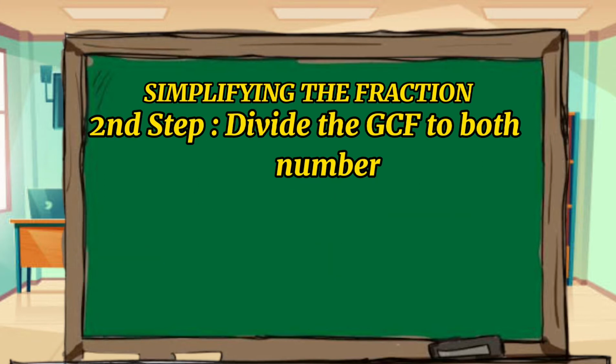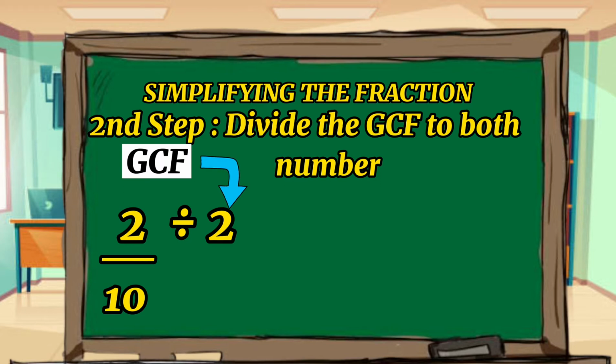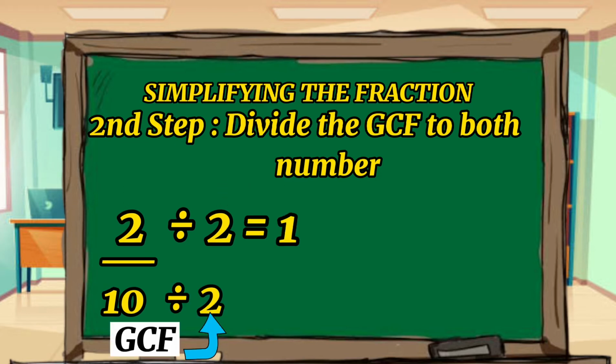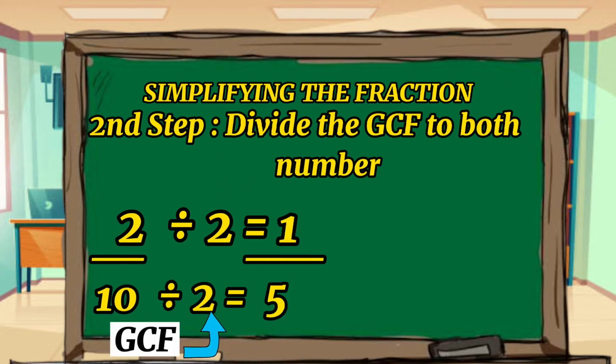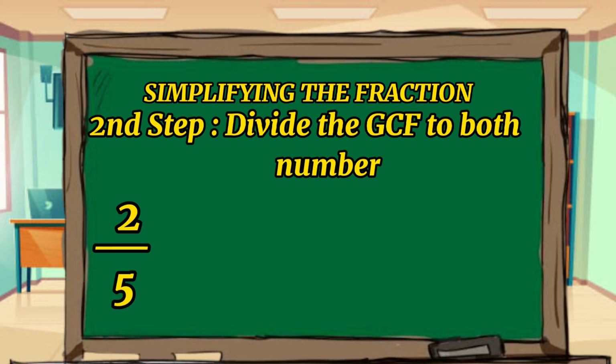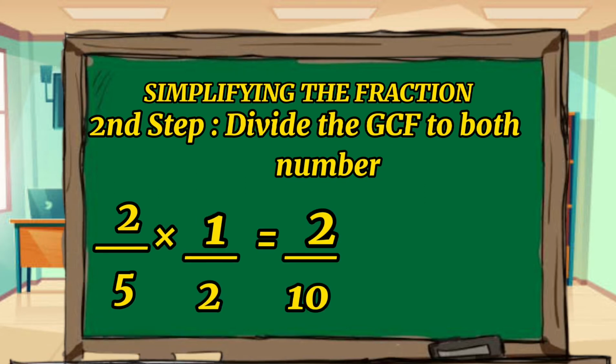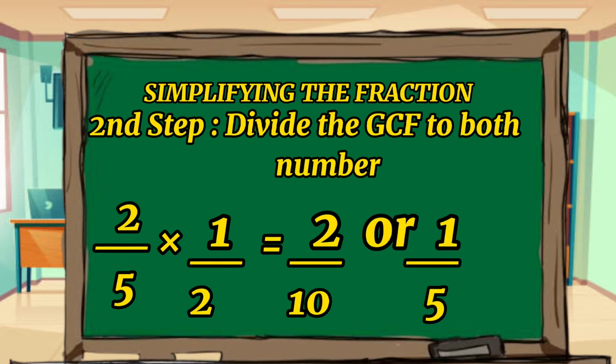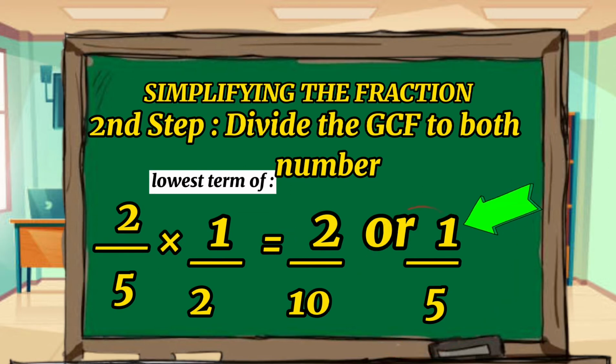Let's divide the given fraction, which is 2 and 10, by the GCF. 2 divided by 2 equals 1. 10 divided by 2 equals 5. Therefore, 2/5 times 1/2 equals 2/10 or 1/5. The lowest term of 2/10 is 1/5.